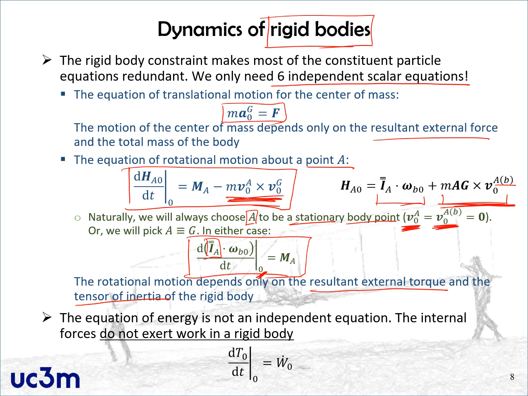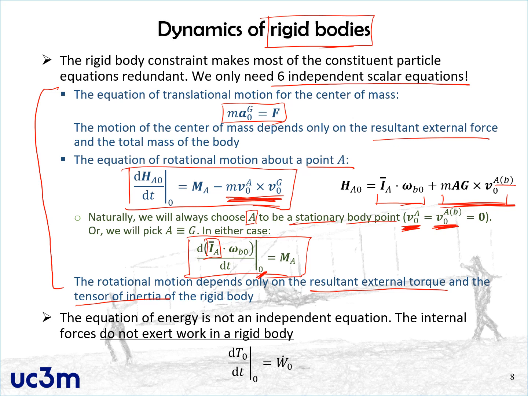Finally, we also have the equation of the kinetic energy. Now, since we already have between these 2 points 6 scalar equations, the equation of the kinetic energy is not an independent equation for the rigid body. This is an equation that can always be expressed as a linear combination of the other 6.